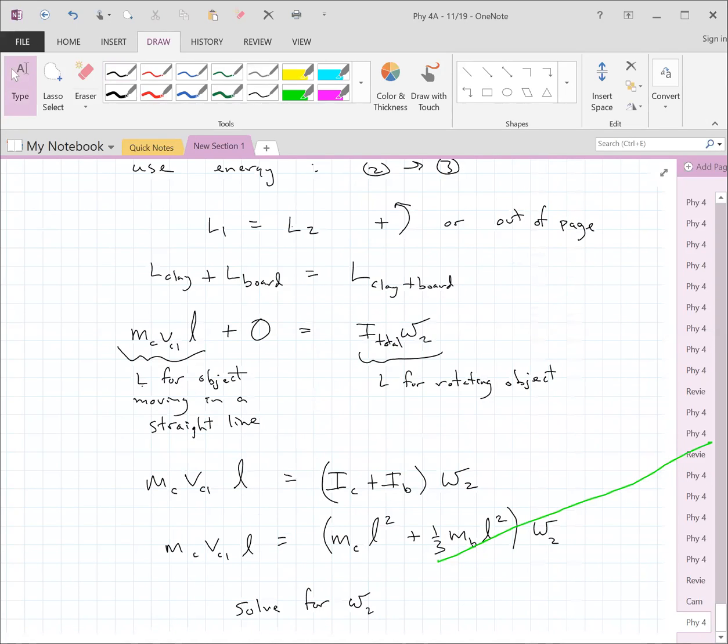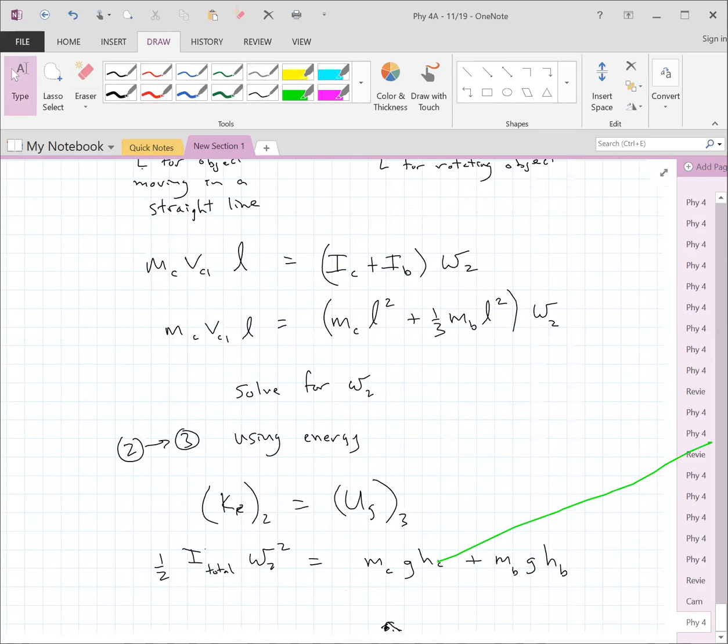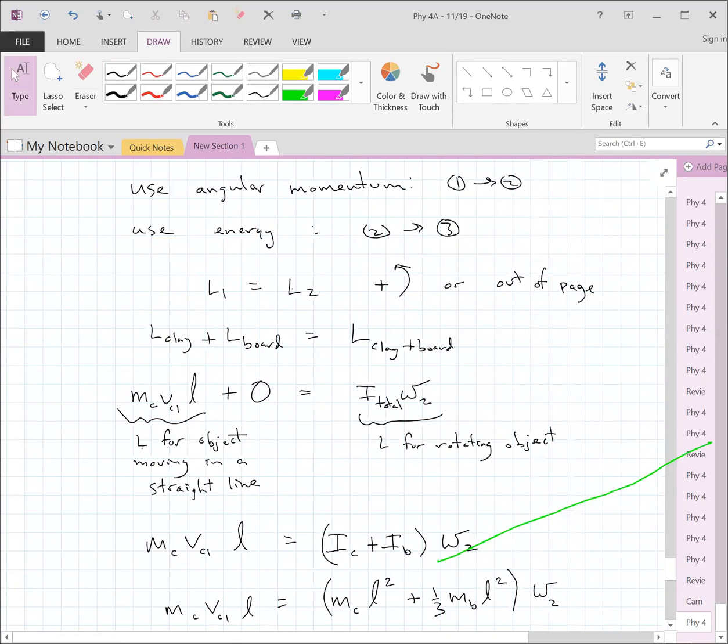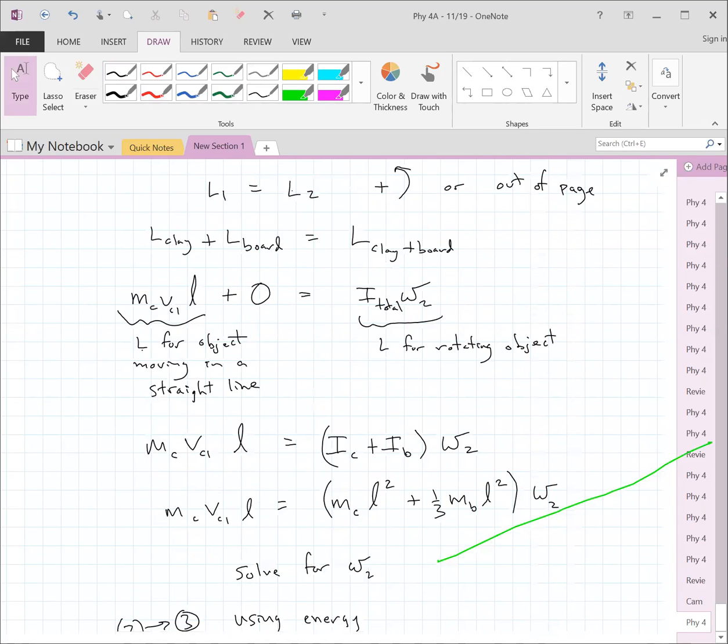And then once we did that, we solved for the final omega. But again, m v times d perpendicular, that's the angular momentum for an object moving in a straight line. And then I omega is the angular momentum for an object that's rotating. So just use the right angular momentum whether it's moving in a straight line or rotating.